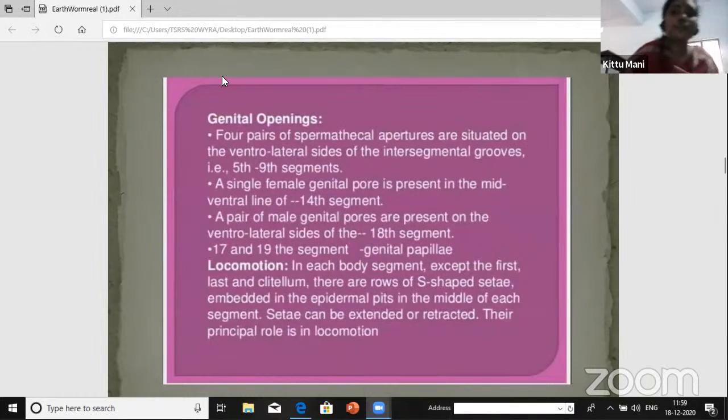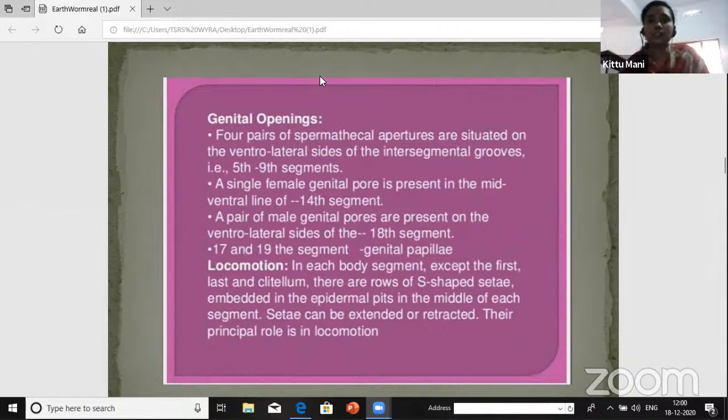This type of openings we will observe in the ventral portion, meaning male genital openings and female genital openings. Here, 4 pairs of spermathecal apertures are situated on the ventrolateral side of the intersegmental grooves, that is 5th to 9th segments.